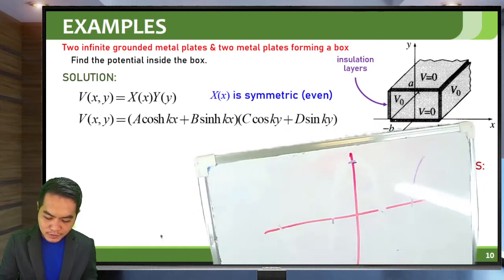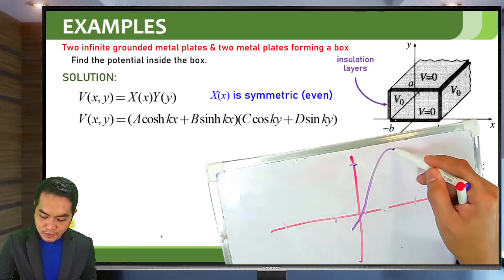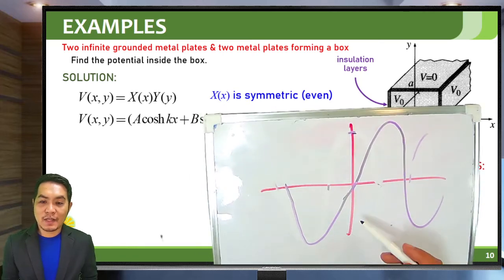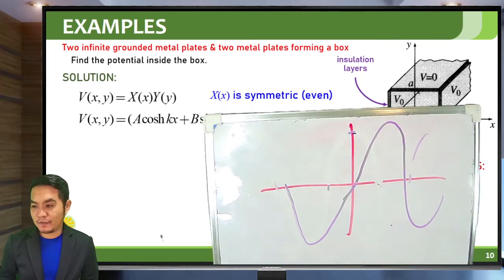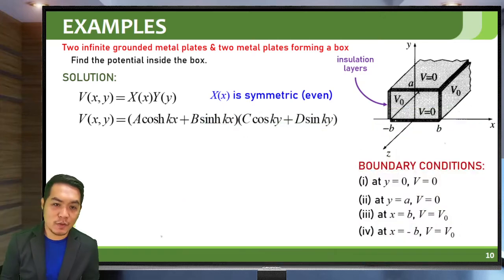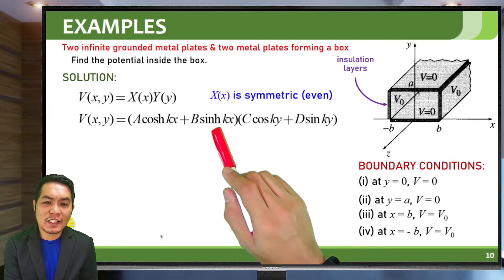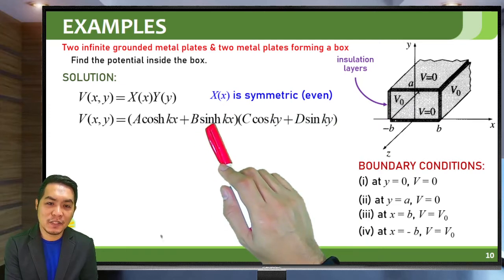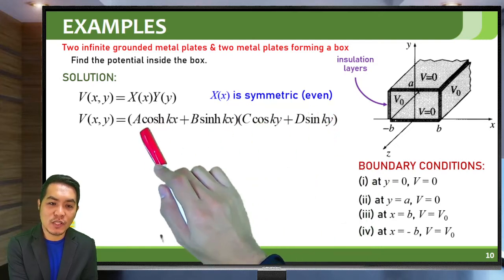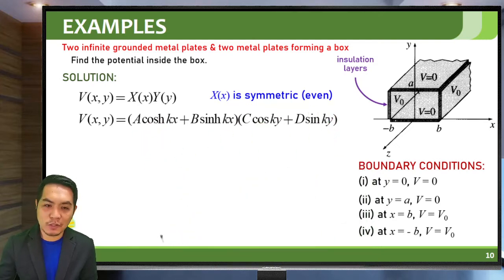The graph for sine is 0 at x is equal to 0, so it's antisymmetric. The same is also true for hyperbolic sine and hyperbolic cosine. Hyperbolic sine is not an even function, and we require X to be symmetric, or even. So only the cosine should be the solution, and in order to do that, we must set the sine coefficient to 0, because we only need even or symmetric solutions.